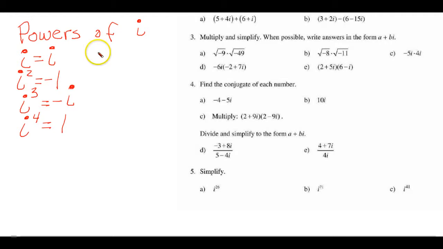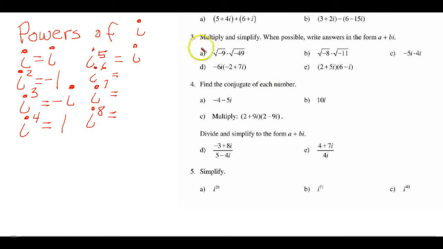All right, let's go on to i to the fifth, i to the sixth, i to the seventh, i to the eighth. Notice if we took i to the fourth out of here, that would be a 1, and we're just left with i.